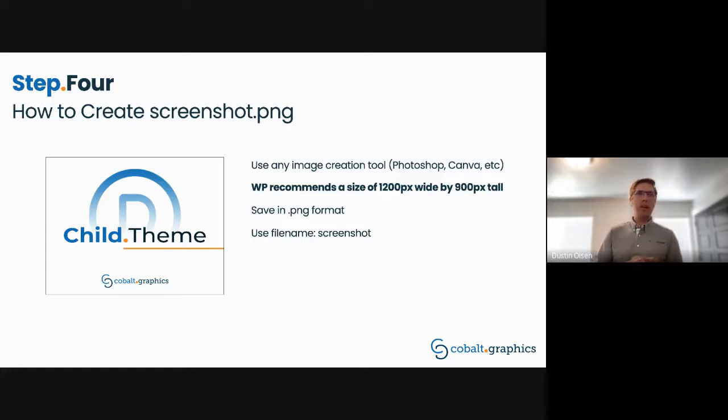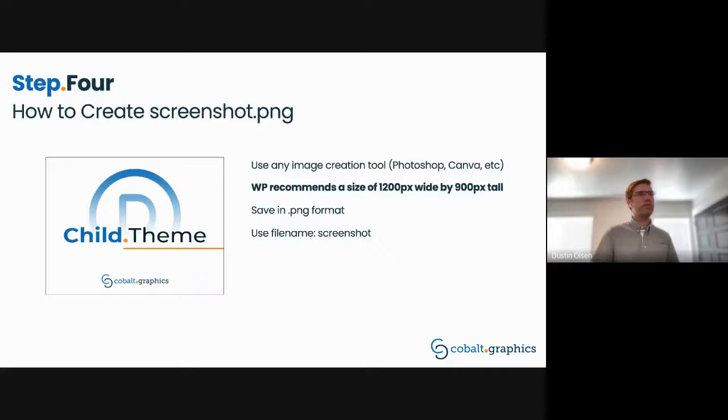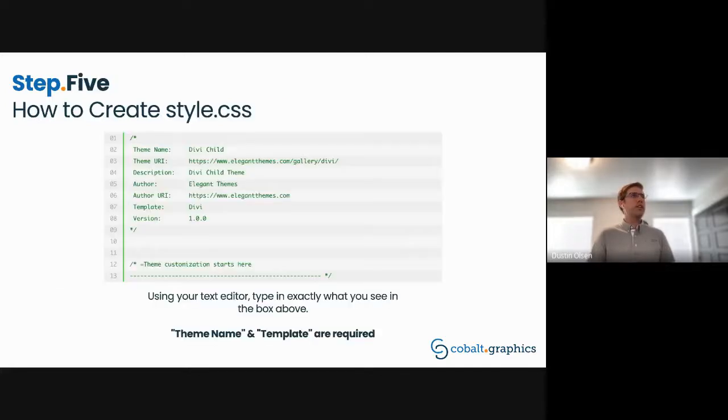Save it in a PNG format and use the file name screenshot. That's been the tutorials that I've seen online. I do think you can use a JPEG format now, but more importantly, you need to use the screenshot file name. So it'll be screenshot.png, just like we see here. That's what it needs to be called. And then we have our image ready to go, and we save that in our folder.